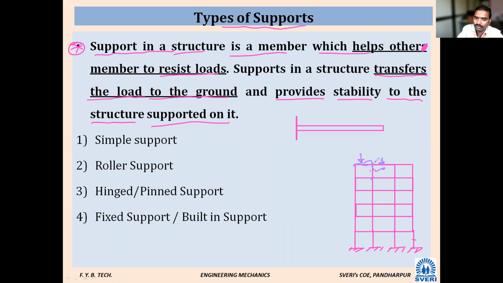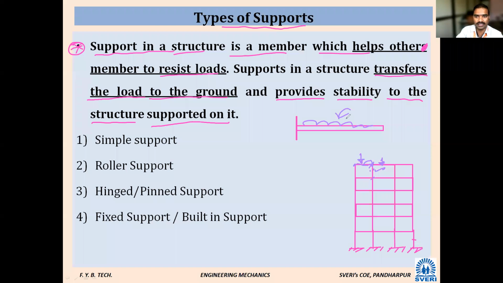So it means the column has some supports. If you consider this one beam and I apply some load on it, this beam will resist the load. If you are a person standing and I put a 10 kg load on you, you will resist, no?